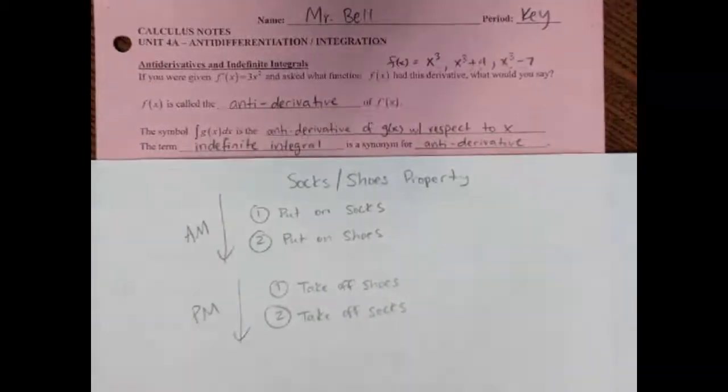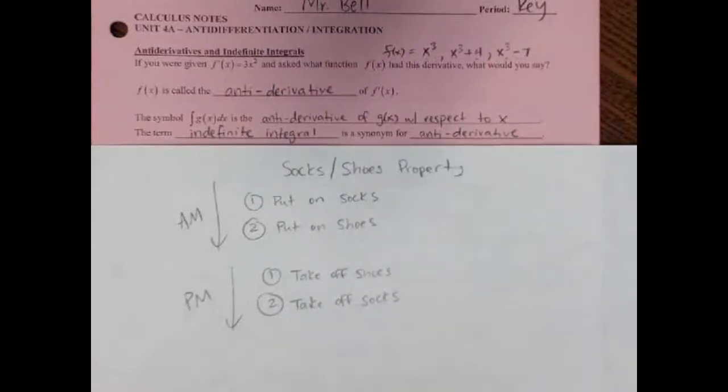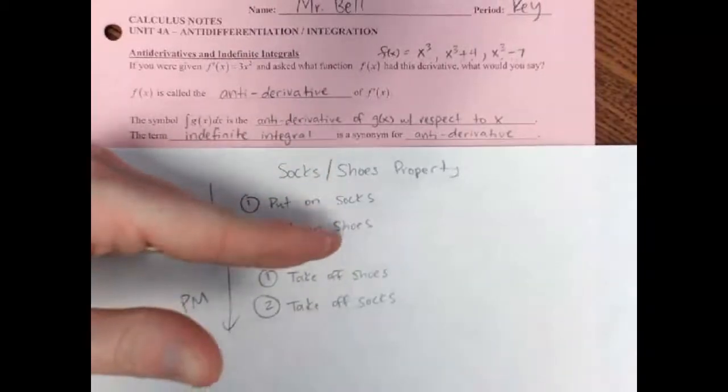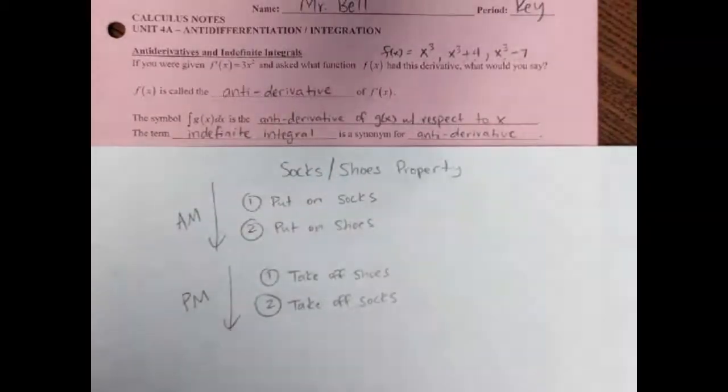You may be different, but that's what normal people do. So this is an interesting little property, and it applies not just for putting on and off shoes and socks, but it applies in math and in general anything, right? Whenever you have a process or you have some formula, or you have some list of steps that you do, there's always a way to undo it, right? There's always going to be some inverse process, right?